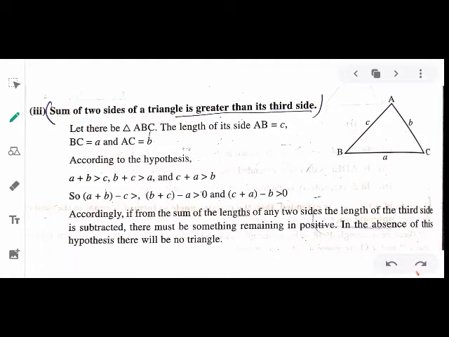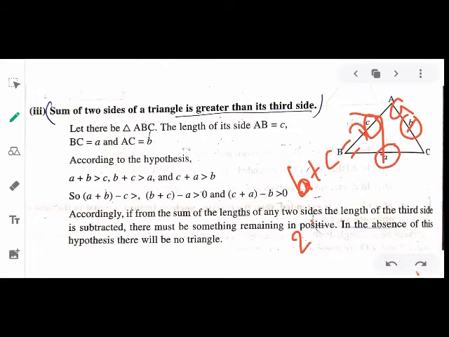In this theorem, they are telling that if we see any triangle and take any two sides, for example B and C, if we add the sides B and C, then whatever the value comes, that value will be greater than side A. For example, if side C is 2 and side B is 3 centimeters, then the sum is 5, and the value of A should be less than 5. A will always be less than 5.